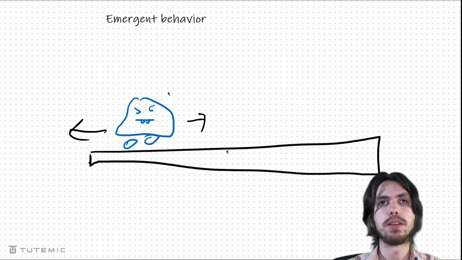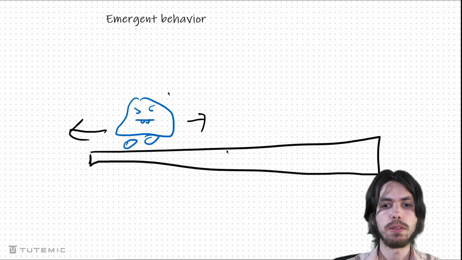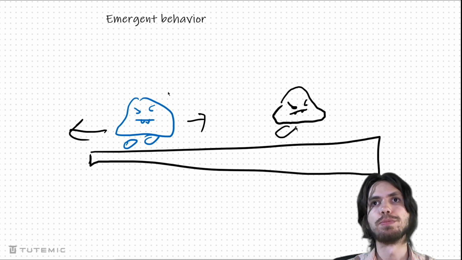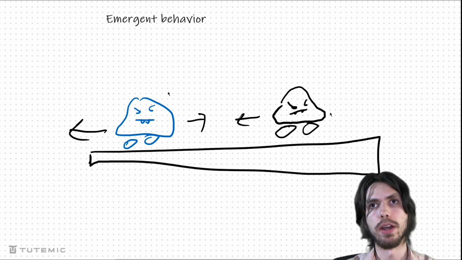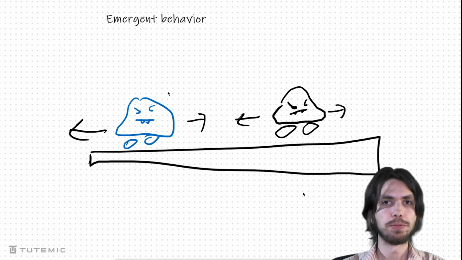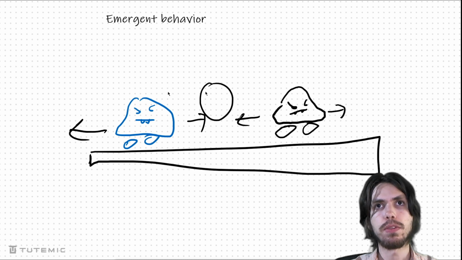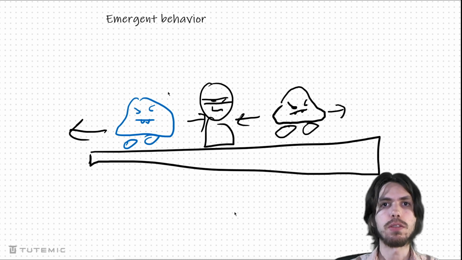But perhaps it also behaves based on other enemies, because let's say it's indiscriminate about what it's attacking. It doesn't just attack players. So if you have two of these, and one's going this way and one's going this way, they run into each other, they attack each other. But then if you put the player in here, then what's it going to do? Right?